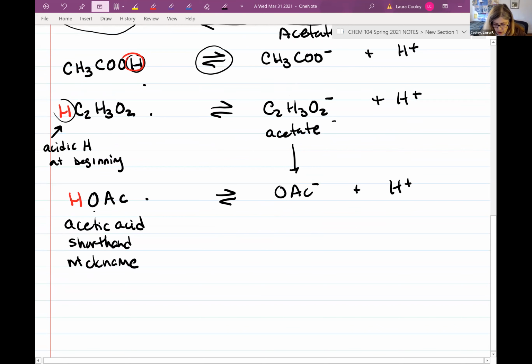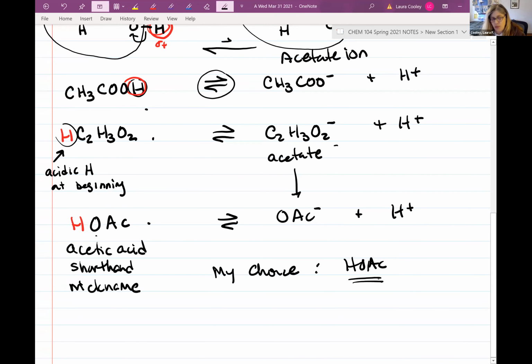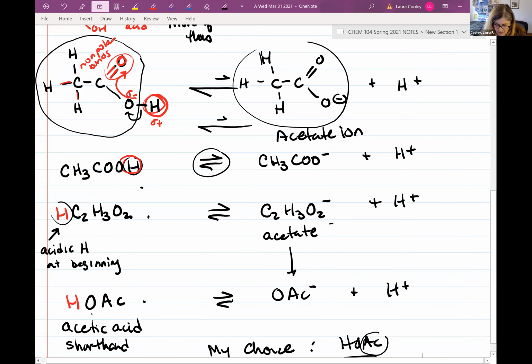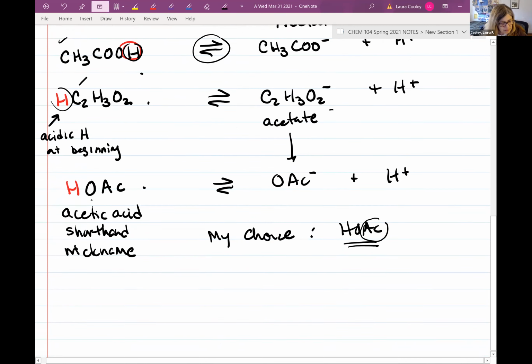So I just want you to know, but I want to tell you that my choice is generally HOAc. So if you want to find the molar mass of acetic acid, you cannot use this formula, because if you look up this, Ac might be an element, but it's not going to give you the right molar mass. This is the formula. You have to use one of these other formulas if you wanted to calculate the molar mass.